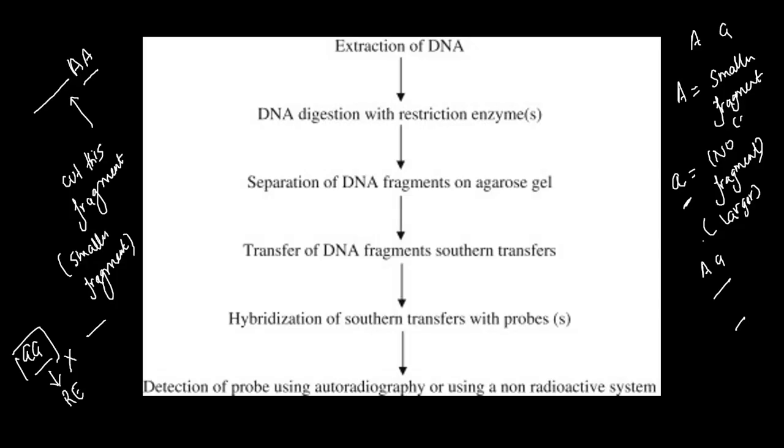So how you will see here, in the case of capital A, you will get this fragment. In the case of capital A, small a, you will get this fragment. And in the case of small a, you will get this fragment. So you can easily differentiate between capital A and capital A small a.